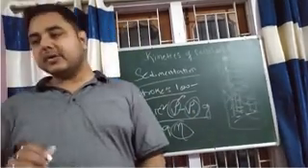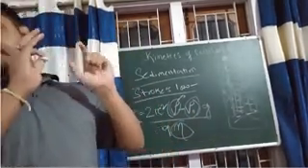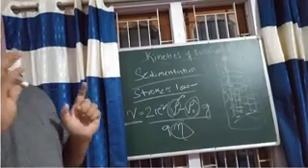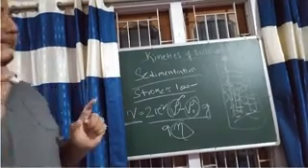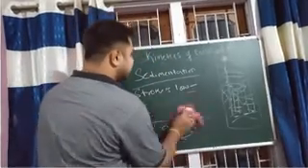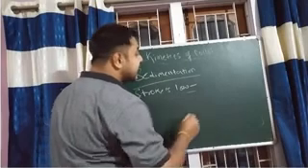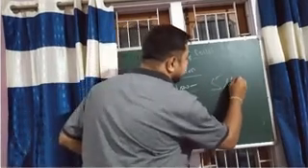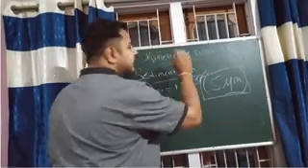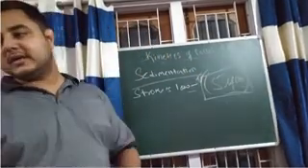Clear? Now you should know that all particles obey the Stokes law, but there is a limit. All particles will follow the Stokes law up to a size of 5 micrometer.